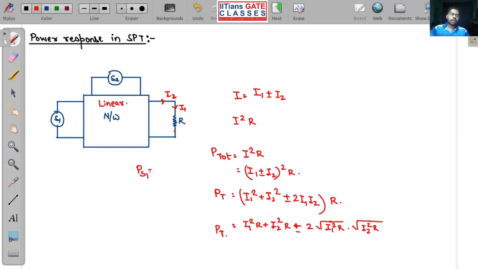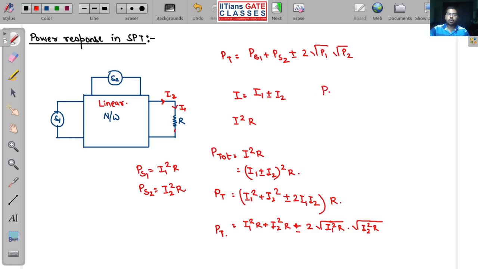When source 1 was acting, it will be I1 square R. PS2, when only source 2 is acting, will be I2 square R. So I can replace P total by PS1 plus PS2 plus minus 2 under root of P1 under root of P2.